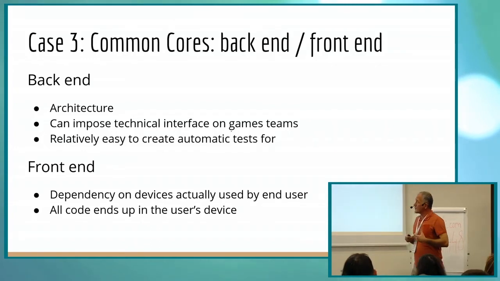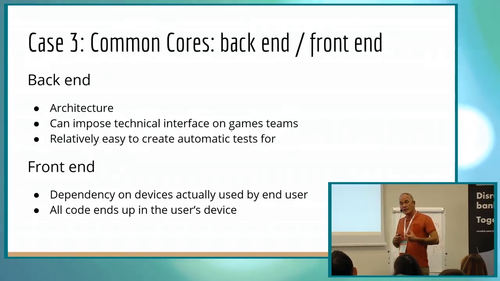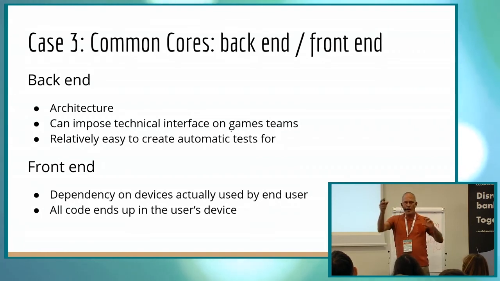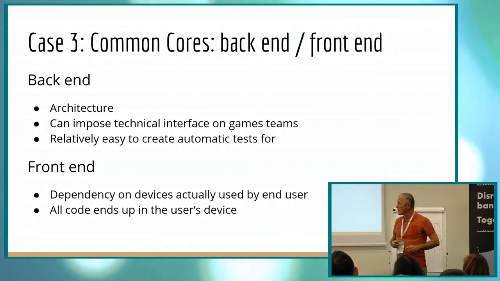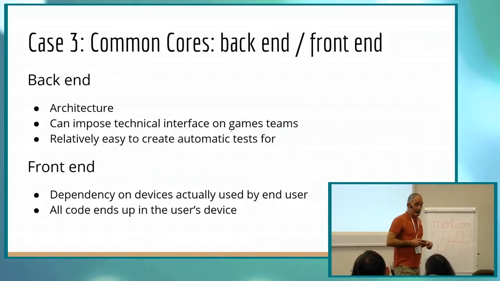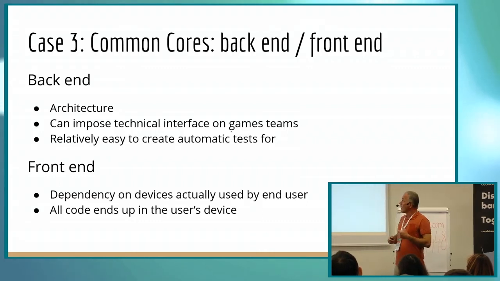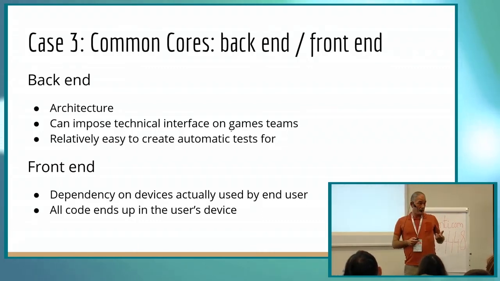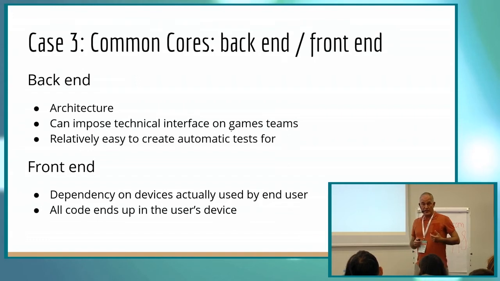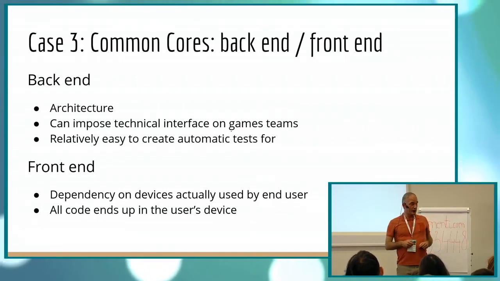But on the back end, we have more work on an architecture. People working there are explicitly thinking, how do all these systems hang together? A second thing of these teams is they can impose on games teams an API. They can impose an interface on other teams. They say, you just call our software this way.